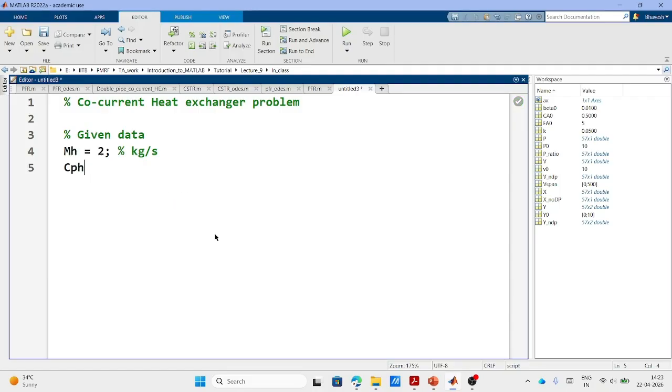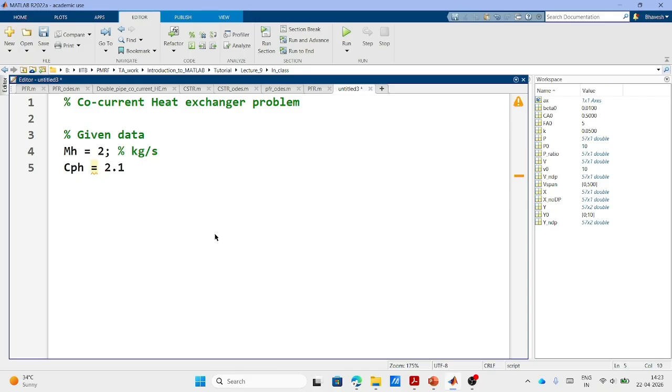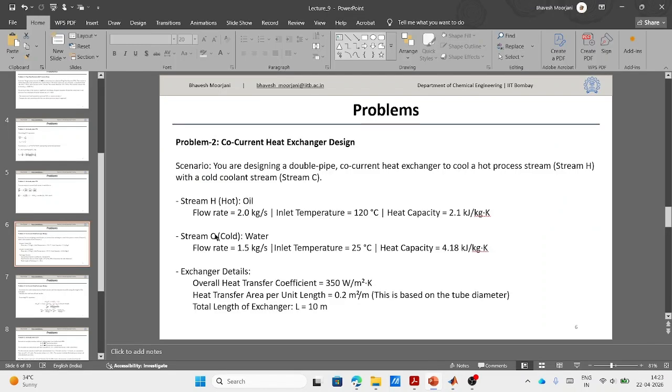Cp of H given as 2.1 kilojoule per kg Kelvin, right?